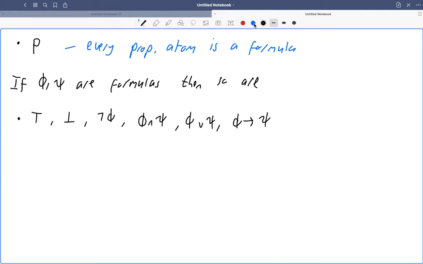So all formulas of propositional logic are formulas of LTL.